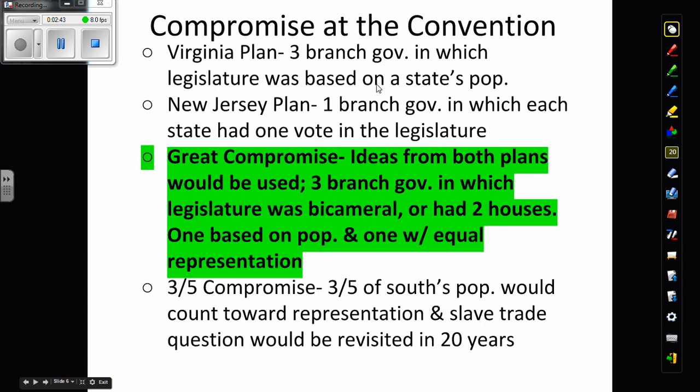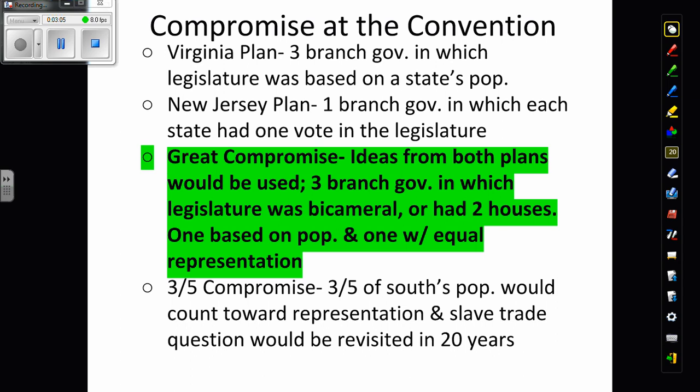And this had a legislature with each one, similar to the Articles of Confederation, each one had one vote. And so what happened was we created a compromise out of this. We used both plans and created a bicameral legislature that had two houses, one based on population and one with equal representation. And that was the Great Compromise.